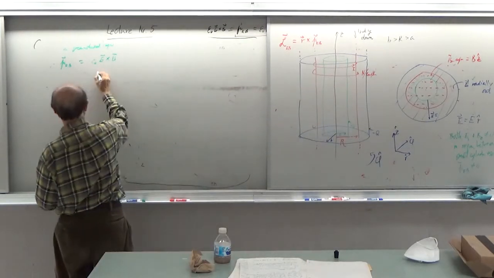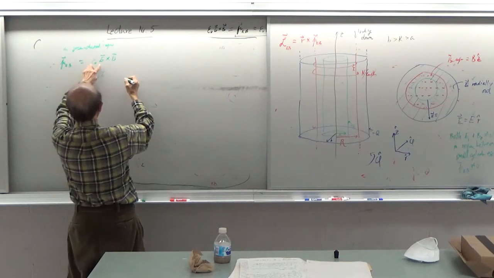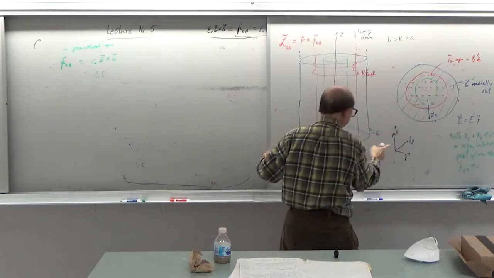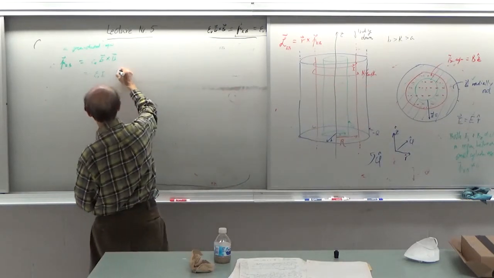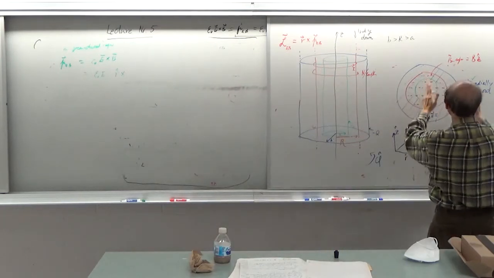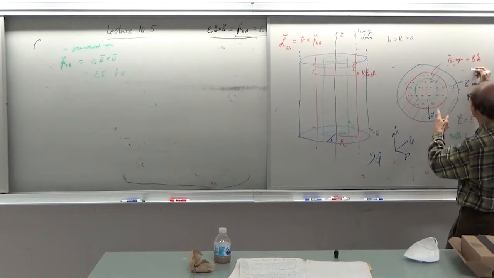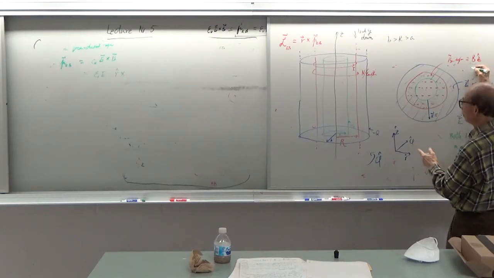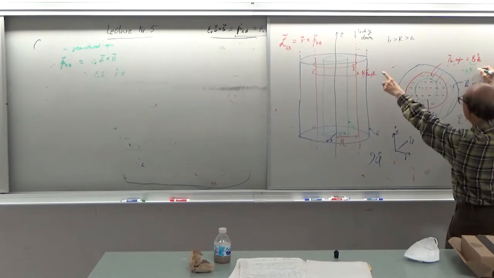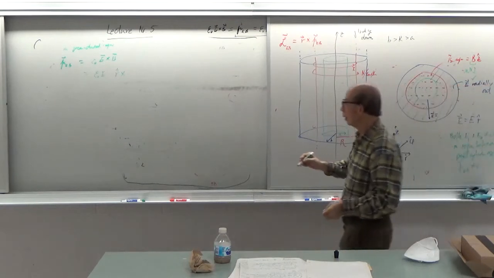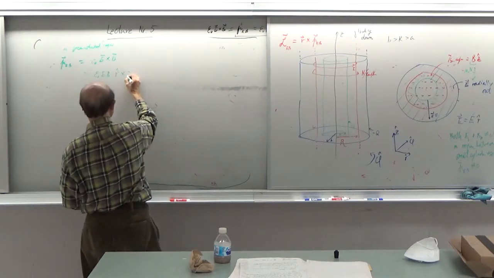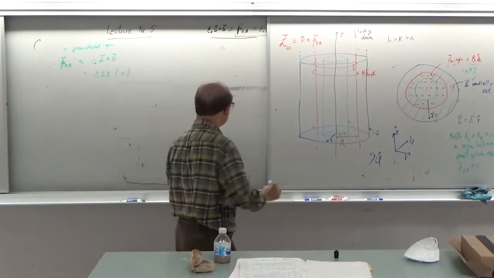So this is equal to epsilon naught E, which is radial out, r hat, cross B, where B is of course along the z direction. B is nothing but the number of turns per unit length times mu naught times the current I, so B is its magnitude times z hat.